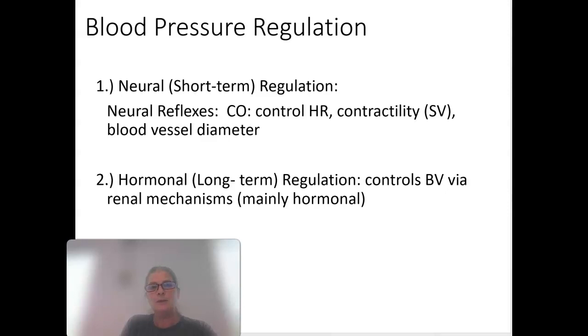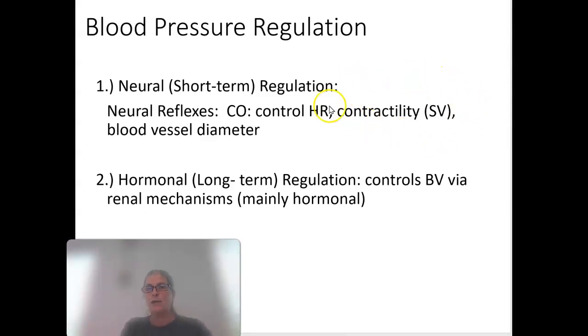And so a lot of our short-term controls are going to be those reflexes that you've already learned. We talked about the cardiac output reflex when we looked at those baroreceptors and chemoreceptors. Remember that they could control heart rate. They could send information up to the medulla oblongata and quickly change heart rate in order to change blood pressure.